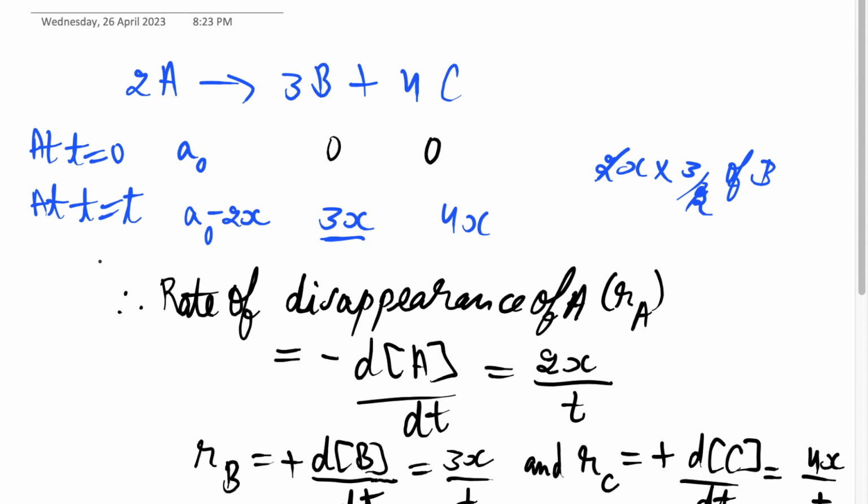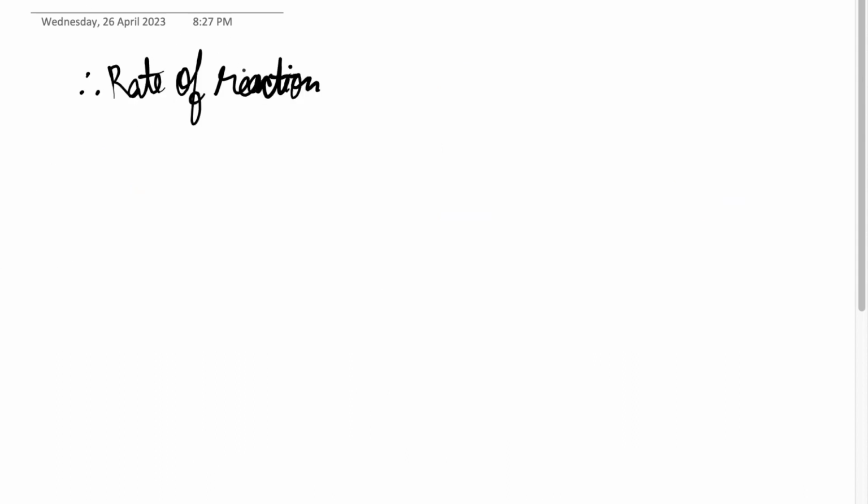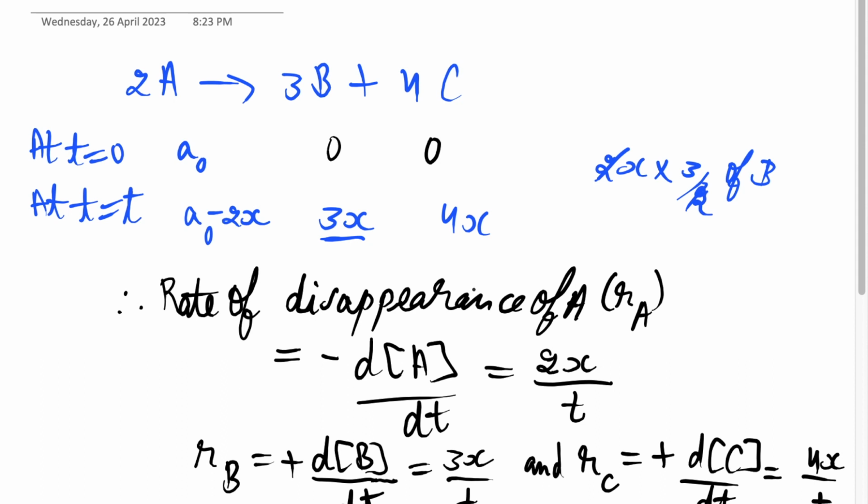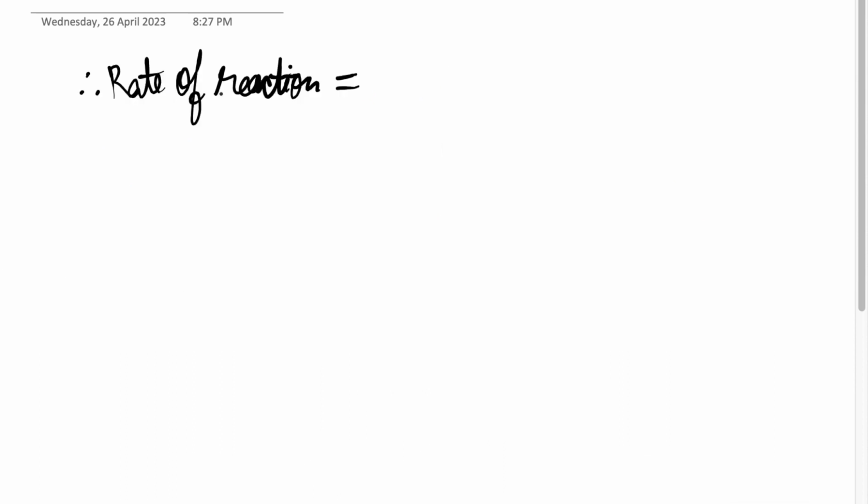Therefore, how will we find the rate of this reaction, children? The rate of reaction will be given by the rate of disappearance of A, or the rate of appearance of B, or the rate of appearance of C. This is how we find it.